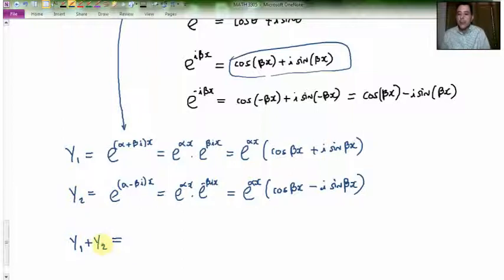Because these two are solutions. If we add, this would be 2 cosine beta x, and look what happens with the sine, with the i here. It disappears. So we can say that this is our new solution. I'll call it, you don't have a notation for that.